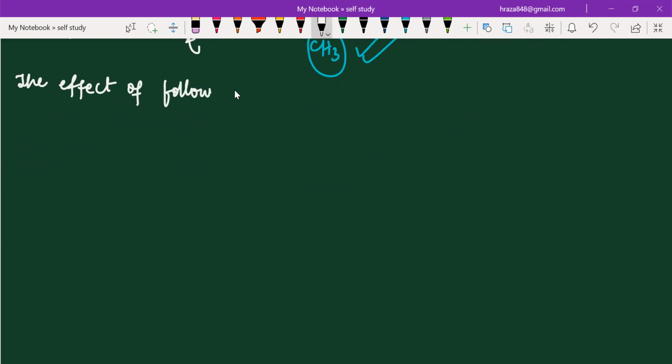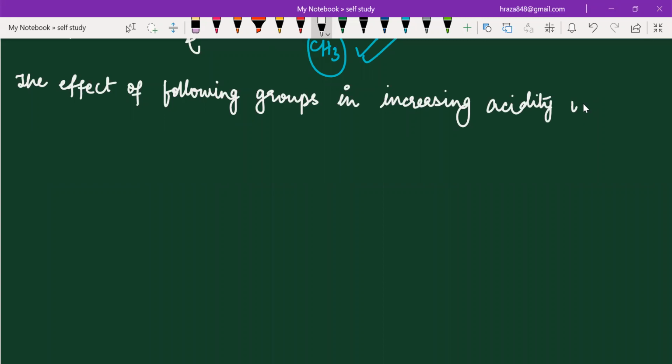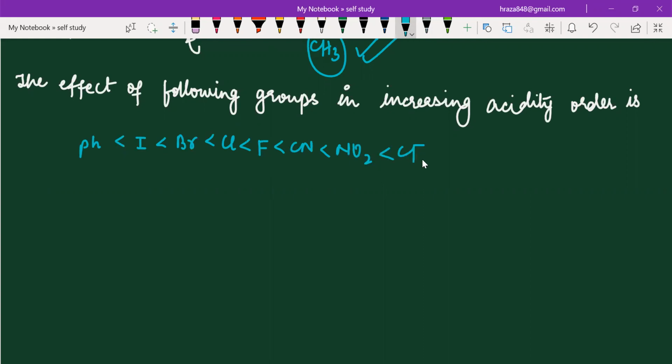The effect of the following groups in increasing acidity order is: Phenyl lowest, then iodine, then bromine, then chlorine, then fluorine. Fluorine is most among them, and then CN, and then NO2, and then CF3.